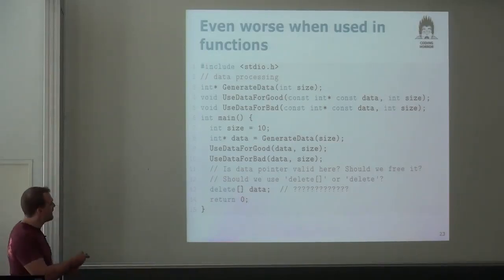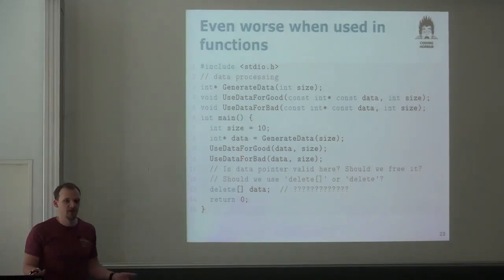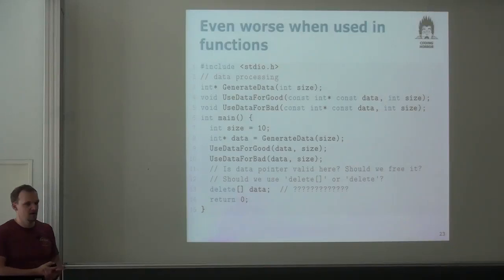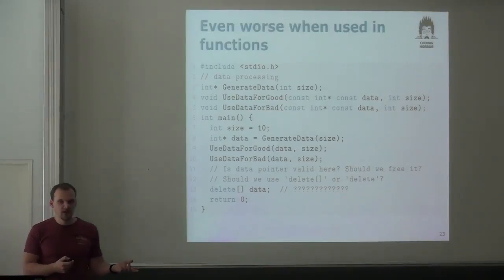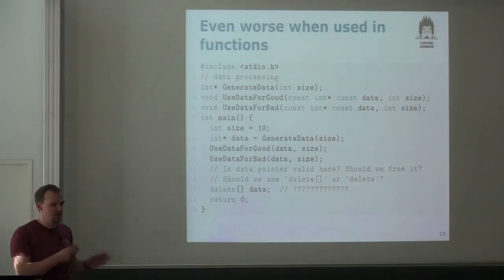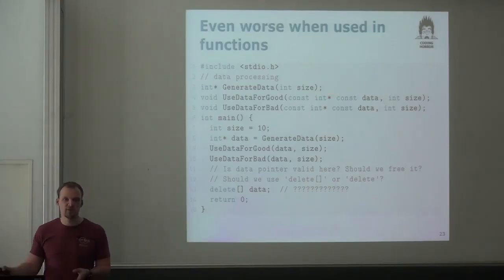For example, I generate some data, so this generate data function should generate some data and give me a pointer to it. Now I hold this pointer in my data pointer, and then I have to pass it to functions. If I cannot trust these functions, even though the whole pointer is completely const, nothing forbids these functions from freeing my memory.